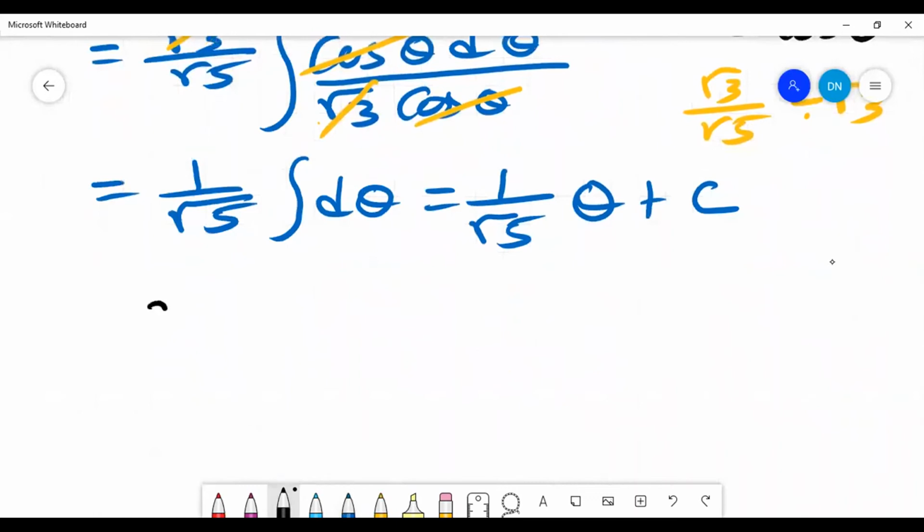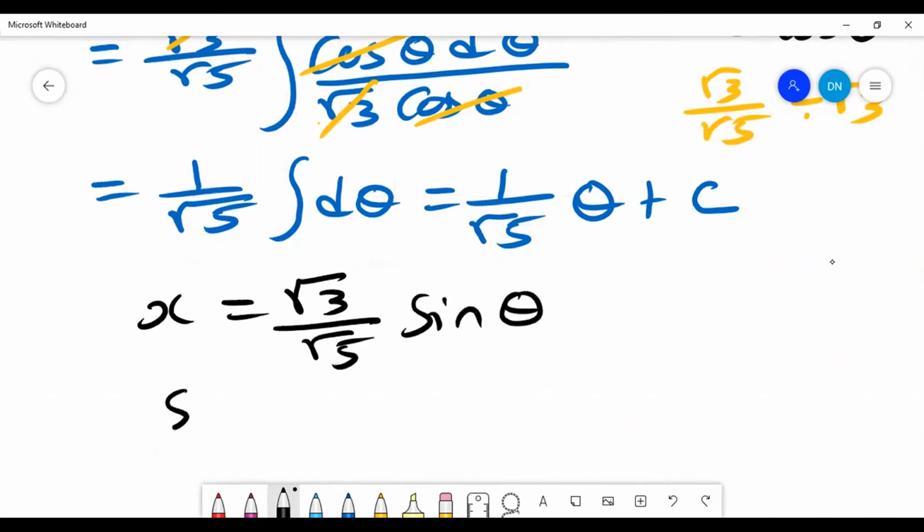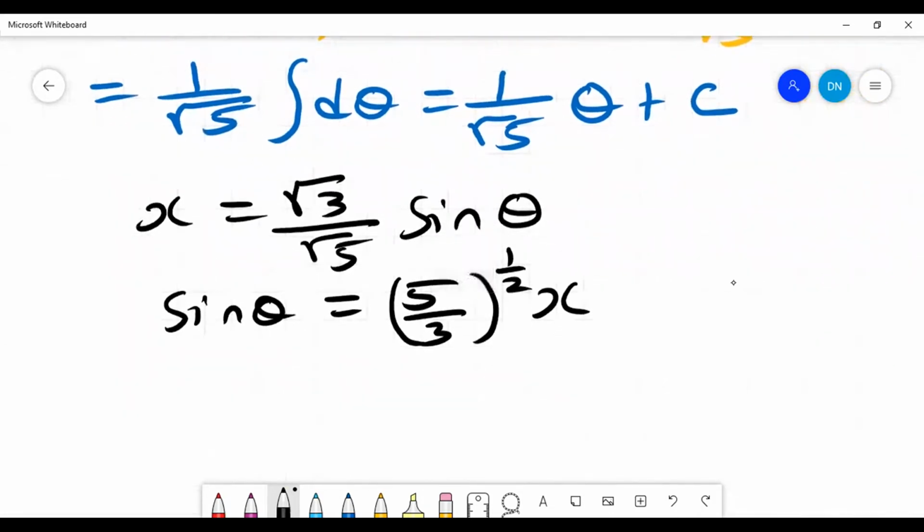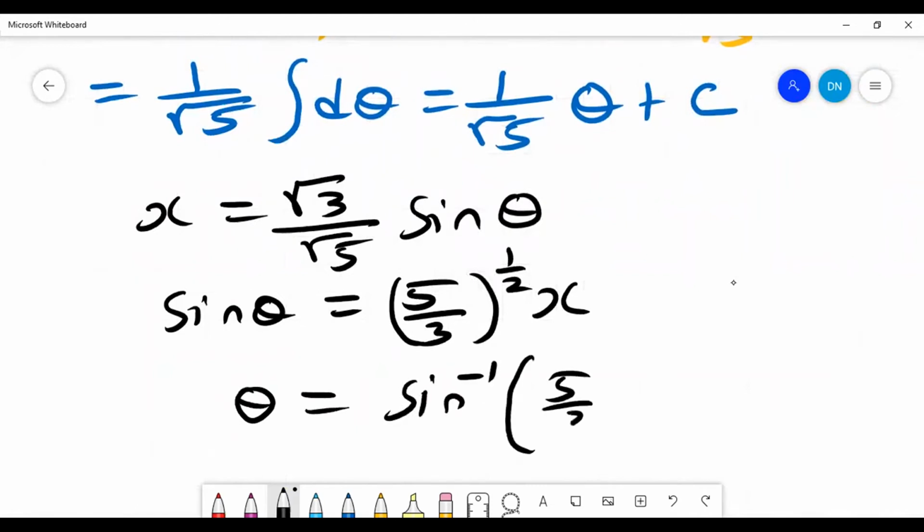So I need to write back, introduce my x, so that I can write the answer in terms of x. We had said at the beginning that x is equal to root 3 over root 5 sine theta. Therefore, sine theta is 5 over 3 to the power a half times x, which is true. And so I want to make theta the subject of the formula. Theta will be the sine inverse of 5 over 3 square root of x.